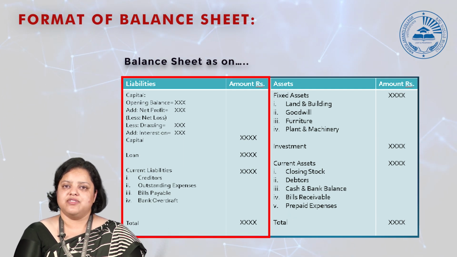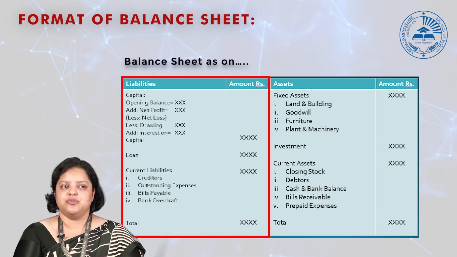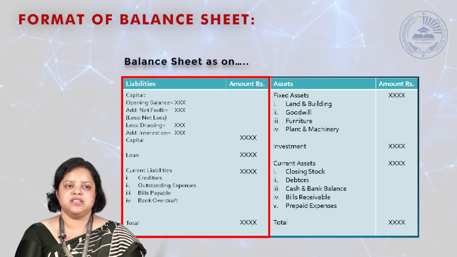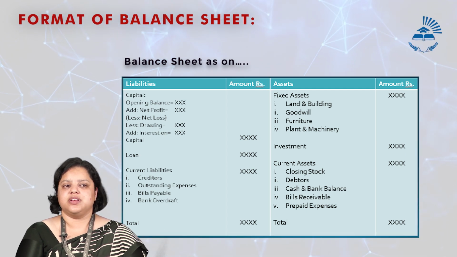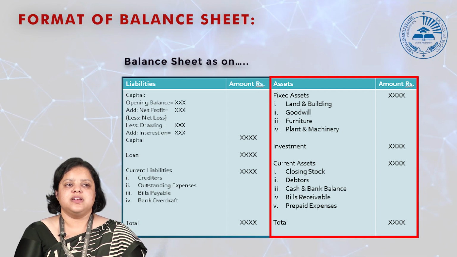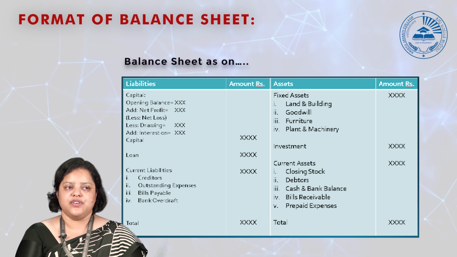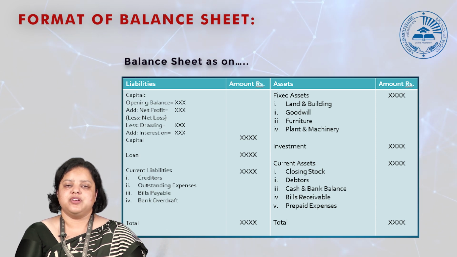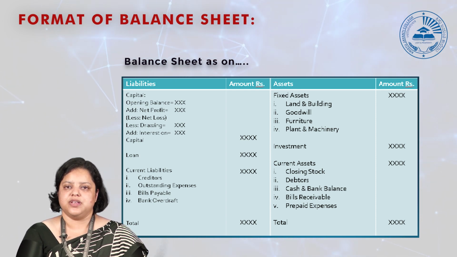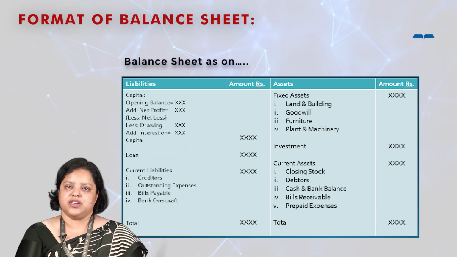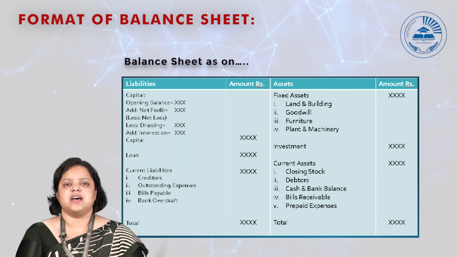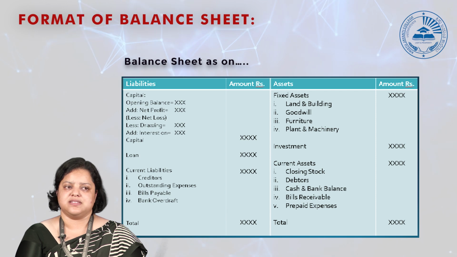So the balance sheet has two components, I already told. On the left hand side we record liabilities and on the right hand side we record the assets. So on the liability side we need to start with the capital, and under capital we always start with the opening balance. With the opening balance we need to add the profit, and if the company has any loss we need to subtract it.